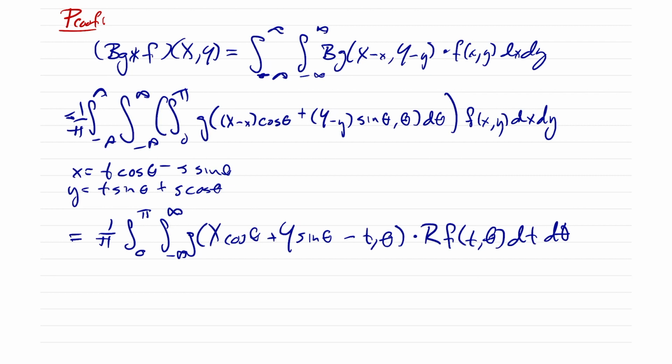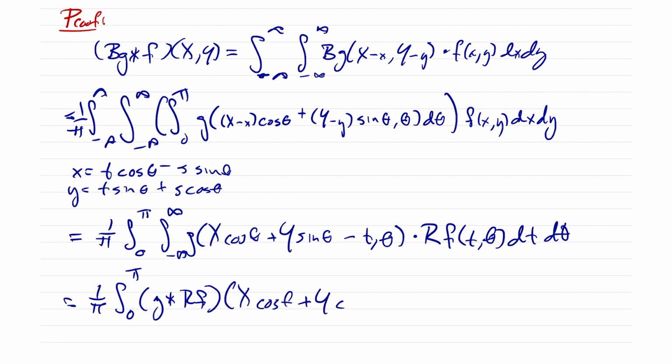Now, this is our polar coordinate version of convolution versus the R2 version of convolution that we were used to before. And so this is simply the same as 1 over pi times the integral from 0 to pi of g convolved with Rf of x times cosine of theta plus y times sine of theta, comma theta, d theta.